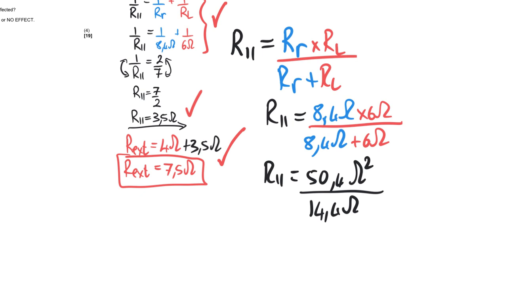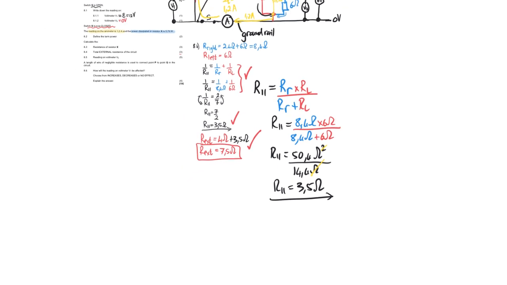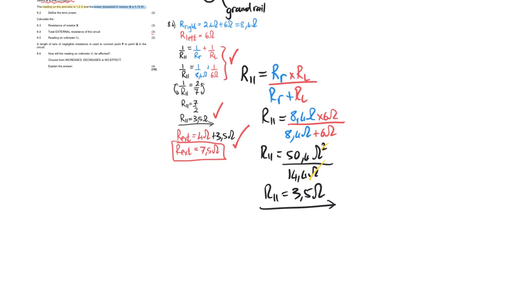So if we divide by 14.4, then we get 3.5. And ohms goes into ohms squared, ohm times. So this is a quicker, or an easier, way of doing it.